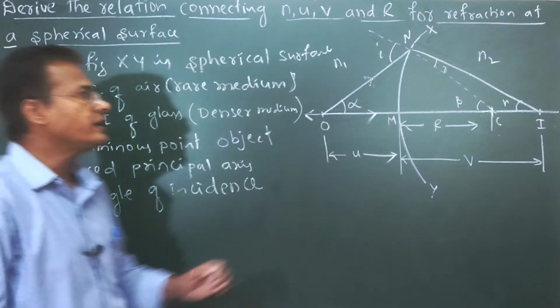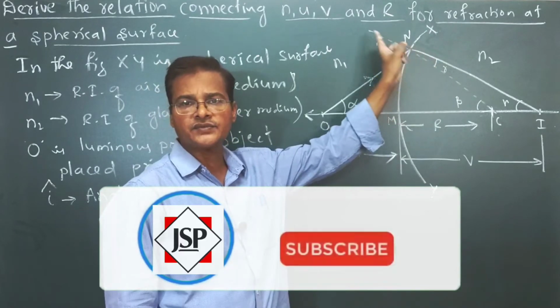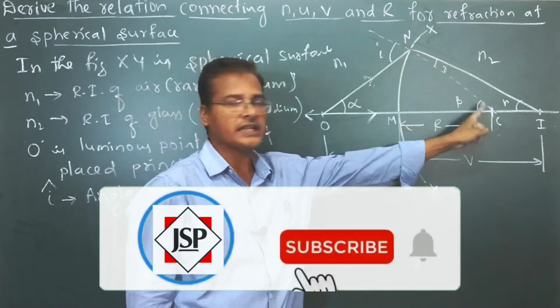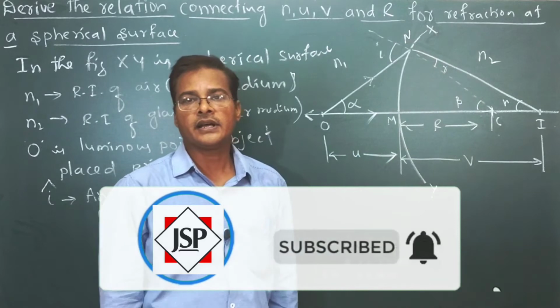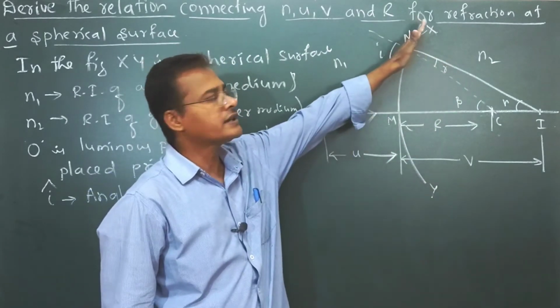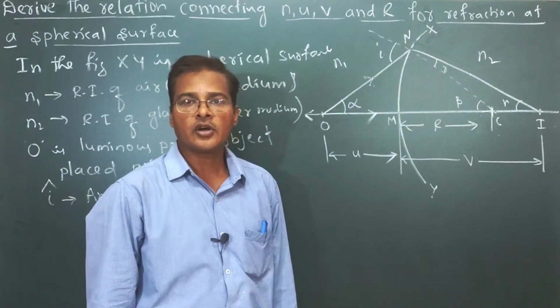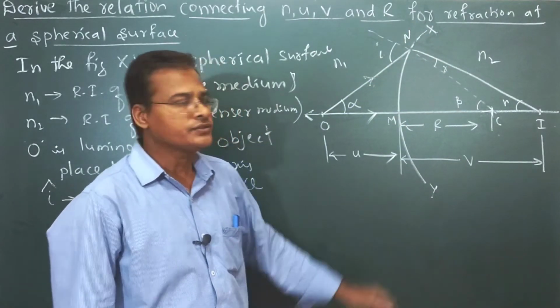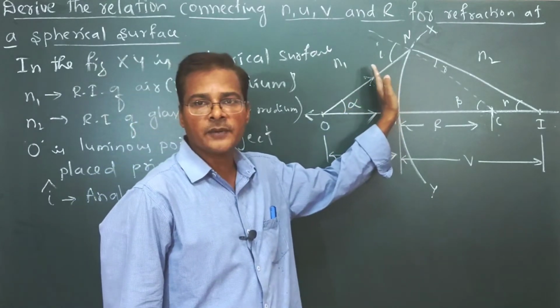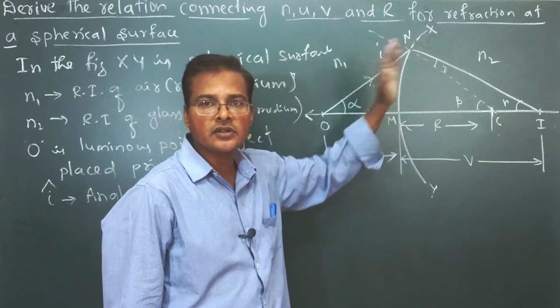So when it is incident, it gets refracted. As we know, CN is the normal at the point of incidence we are considering. This is the refracting surface, and the normal line we are going to see. As we know, when a ray passes from the rarer medium to the denser medium, it bends towards the normal.